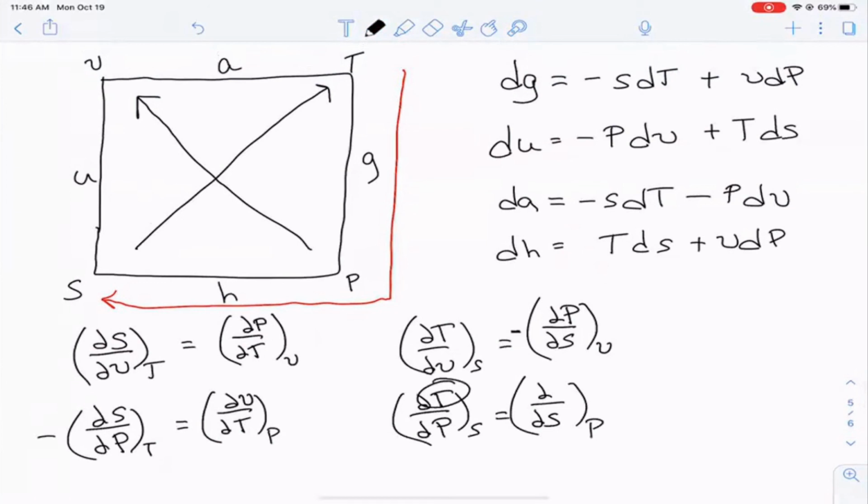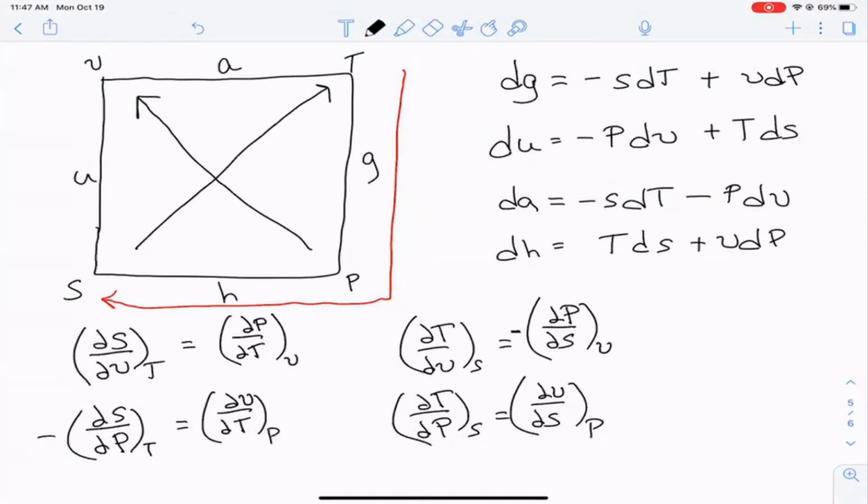So we have temperature, pressure, entropy. So the missing corner is the volume. And I know I'm pointed towards the temperature and towards the volume. So they're both positive. And this is the Maxwell relation that you would get from the enthalpy.